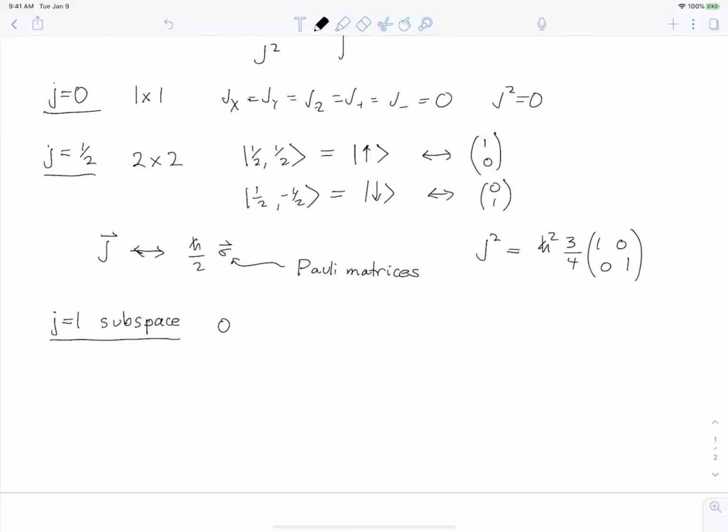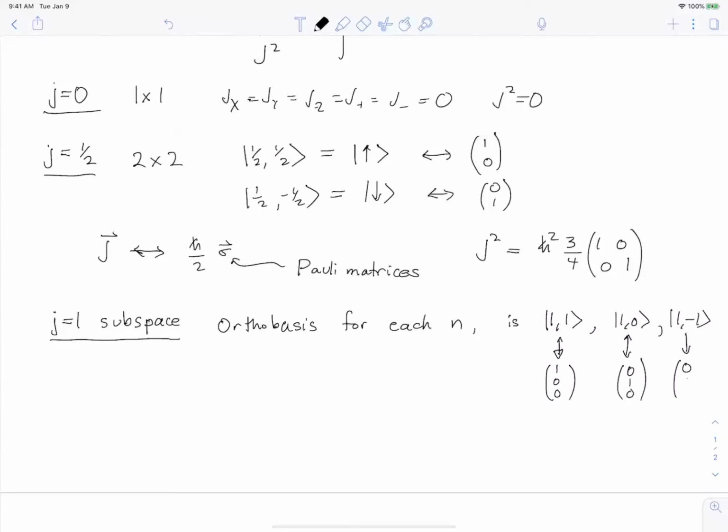And then an orthobasis for a given N, so for each N, that means we're fixing N, we can write as 1, 1, and 1, 0, and 1, minus 1. That's our JM notation. Okay, and then we're going to represent these by vectors, which are 1, 0, 0, 0, 1, 0, and 0, 0, 1.